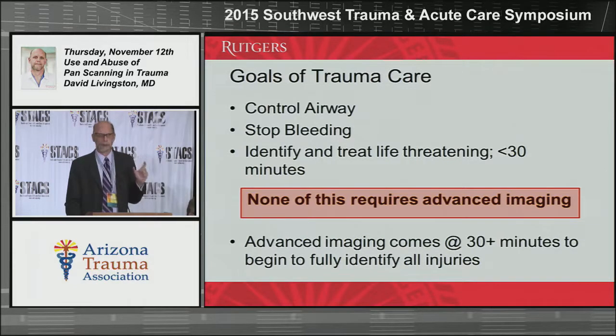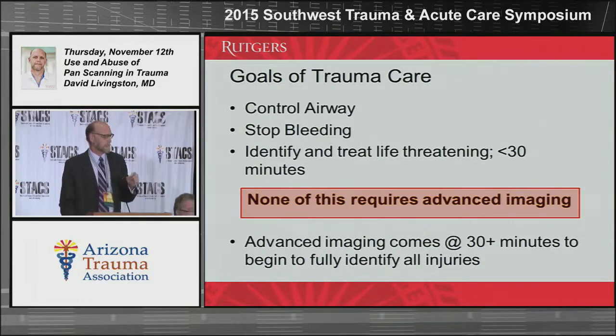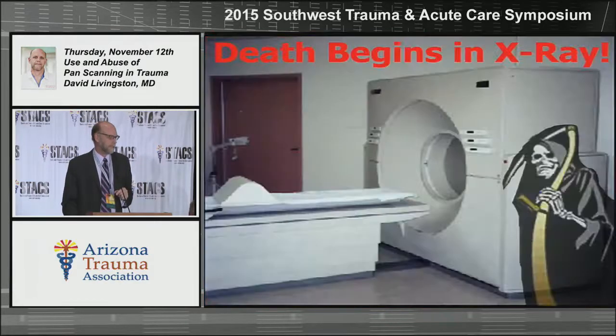None of these require advanced imaging. Advanced imaging comes in the second phase of ATLS, and usually you want to get there right at about 30 minutes, because advanced imaging shouldn't be delayed as well. But it's not what's going to keep your patient alive or not alive.